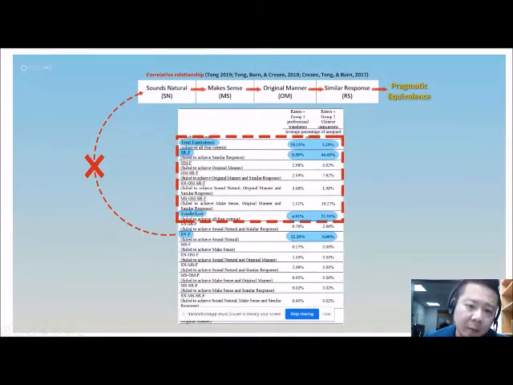And when it comes to totally lost, that means the translation doesn't sound natural, doesn't make sense, doesn't maintain the original manner, and doesn't elicit a similar response, the Chinese immigrants assessed 21% of the passages with this outcome, but only 4.8% in the professional translators' assessment. So it actually shows quite conflicting opinions between the translators and the Chinese immigrants.